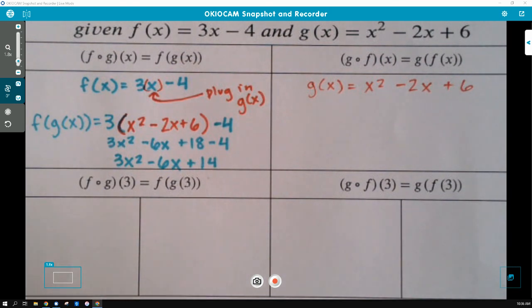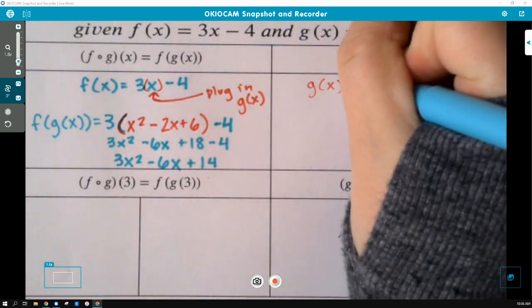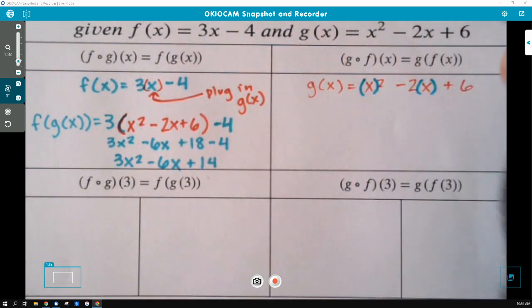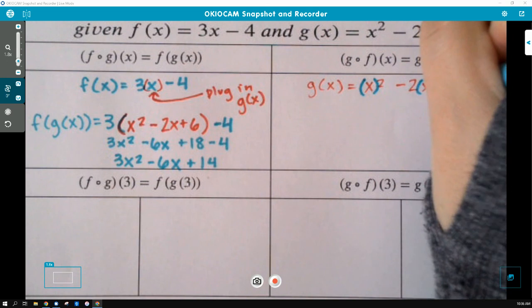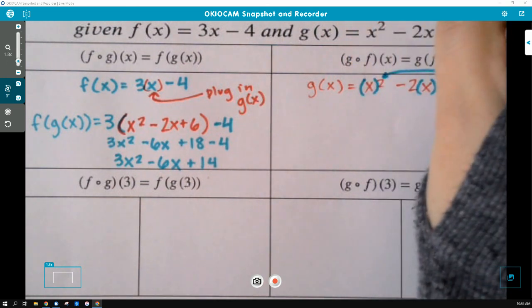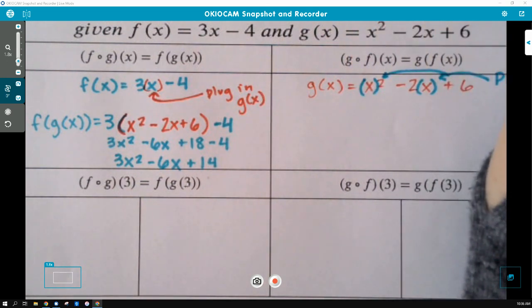And then on this one, since I'm plugging in f of x, I will plug in f of x to here. I've got to plug it in 2 spots. Plug in f of x.